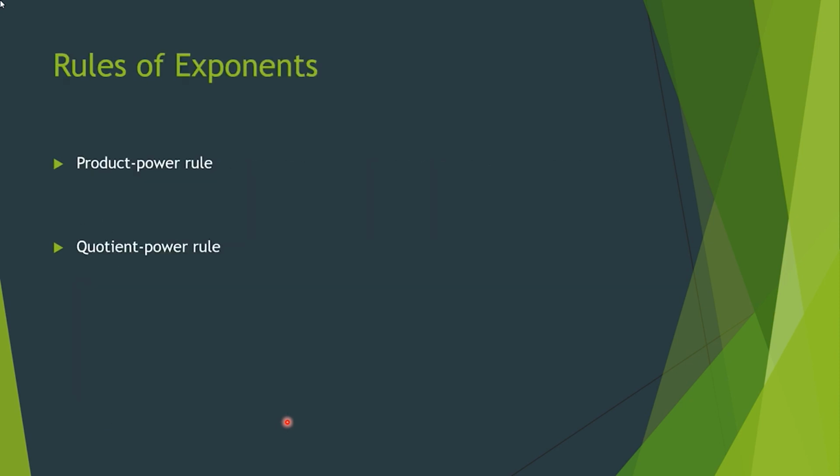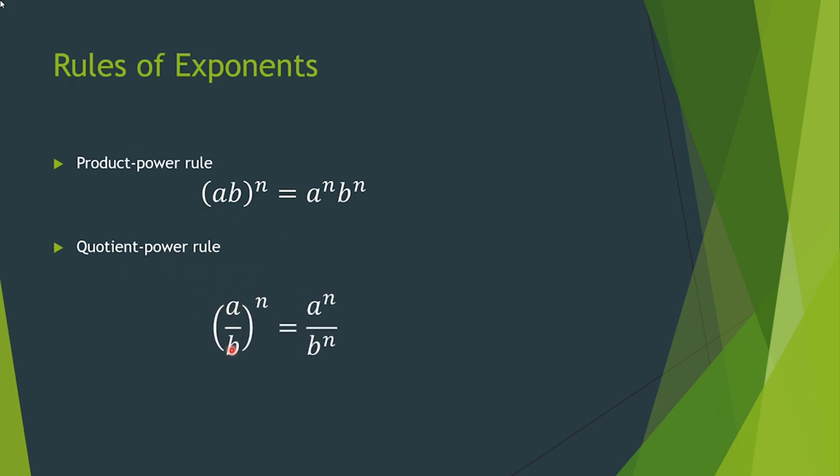Here are the other rules. The product power rule: when you have a product multiplying and it's raised to a certain power, it almost acts like the distributive property. And so you would raise each of those to that same power. The quotient power rule is kind of similar.